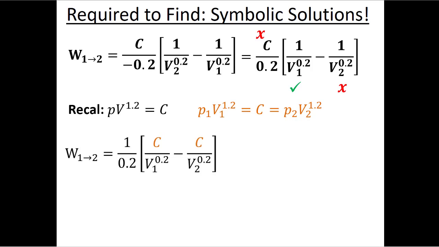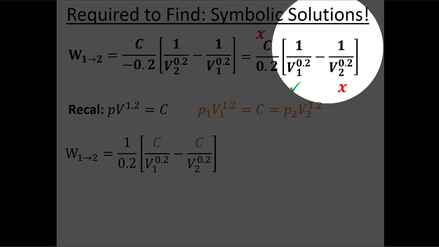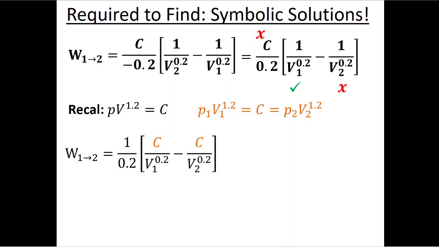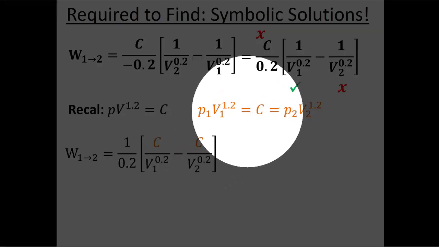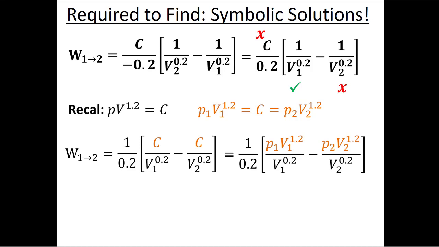Now, I can rearrange my equation above, and I can just multiply C back into my bracket here. But I know that C can be the left-hand side of this equation or the right-hand side. So now I put in two different symbolic versions of C because I want to be able to factor out V1 to the 0.2 and V2 to the 0.2.